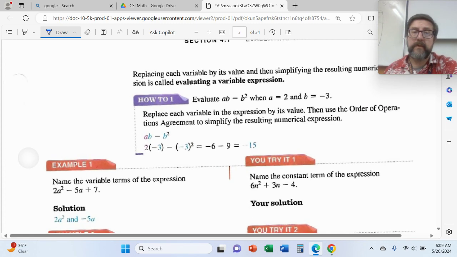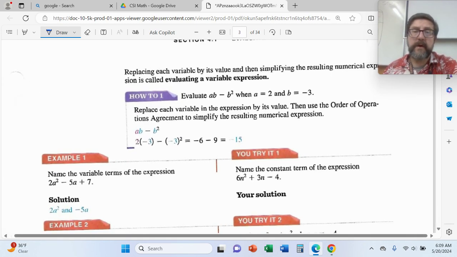Okay, so what they are saying here is that A equals 2, so instead of writing an A right there, we're going to put a 2 down here. So the 2 goes right here, times, and those parentheses mean times.